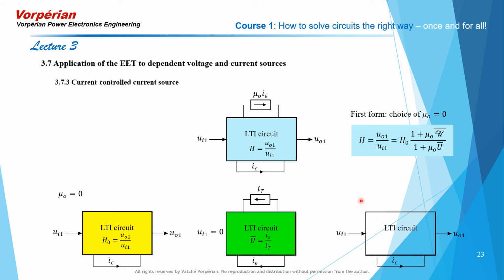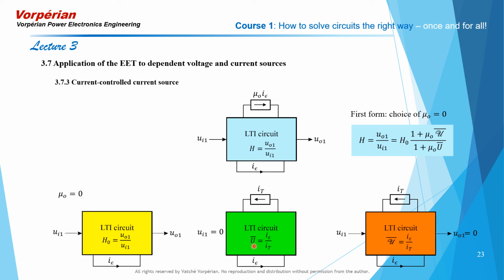And finally, we compute the null inverse gain with respect to mu 0, the same way, by connecting an independent test current source pointing in the opposite direction in the place of the dependent current source, and we null the response. And we compute I epsilon over IT under these null response conditions.